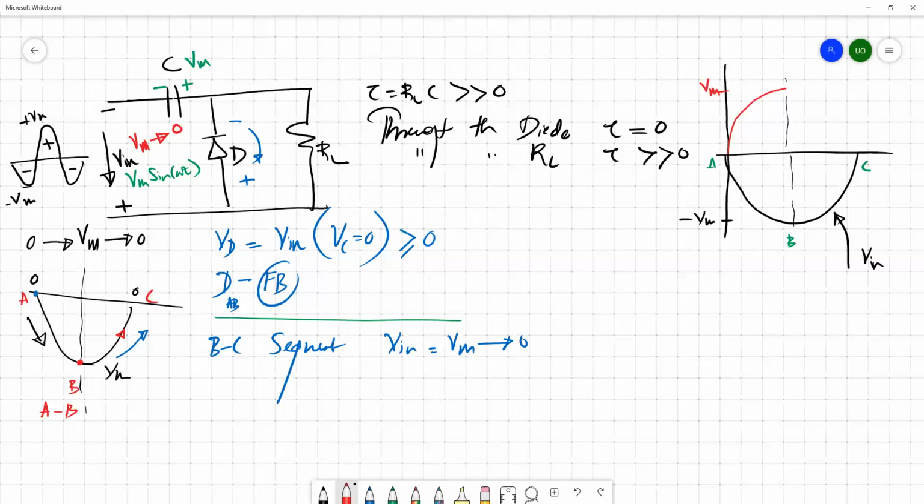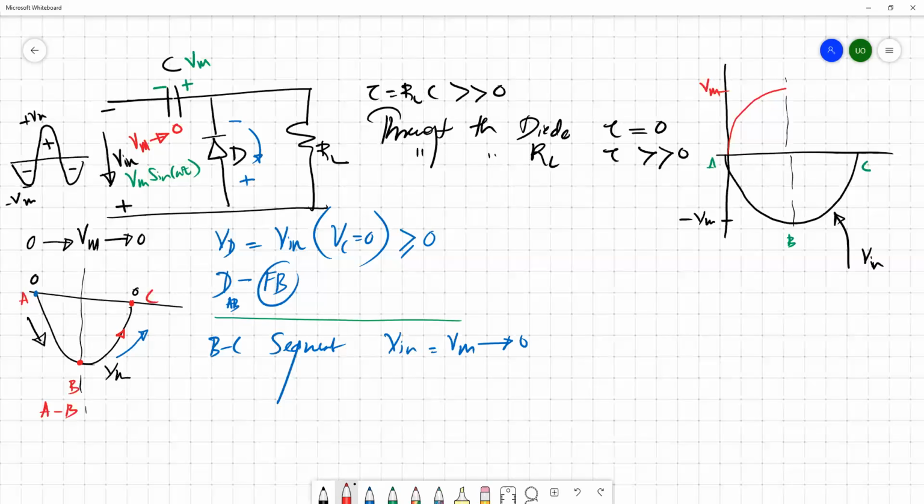Once it moves along this and comes to here, the input voltage comes back to 0. But this capacitor is charged to Vm. So let's assume, what happens to the diode? Again, this is the same. Now in addition to that, we have this capacitor voltage.